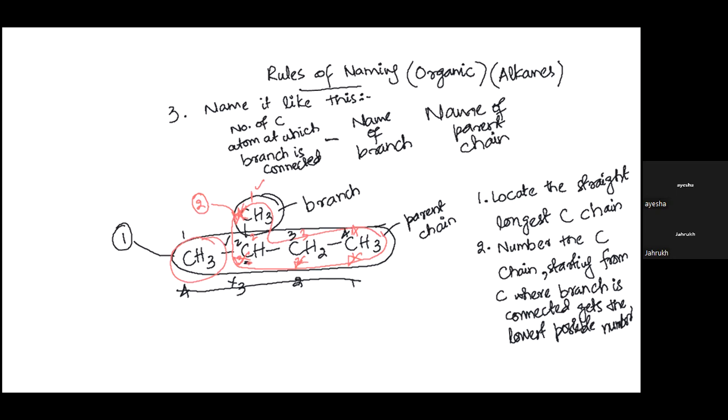Name of branch and name of parent chain are not separated by anything. However, this number is separated with a hyphen or a dash.